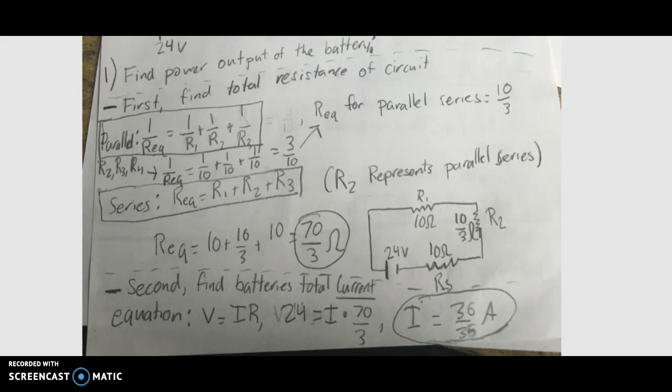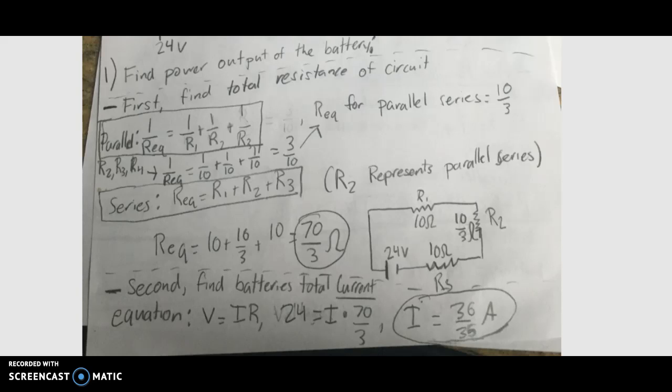Or another way you could do it, which we learned earlier, is the total resistance is equal to (R1^-1 + R2^-1 + R3^-1)^-1. For R2, R3, and R4, let's solve using the 1 over method.